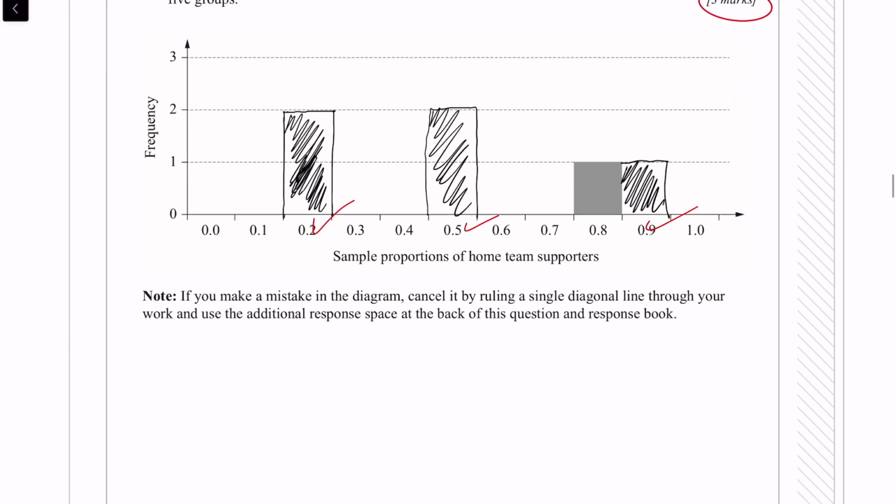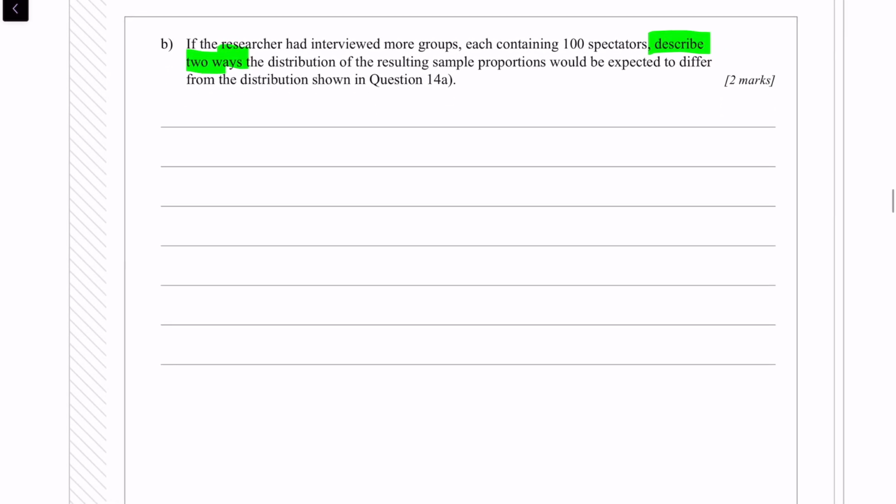Okay, so with 2 marks, the first one is saying that the graph will become more symmetrical, okay?